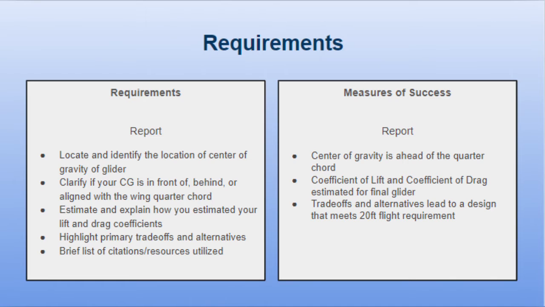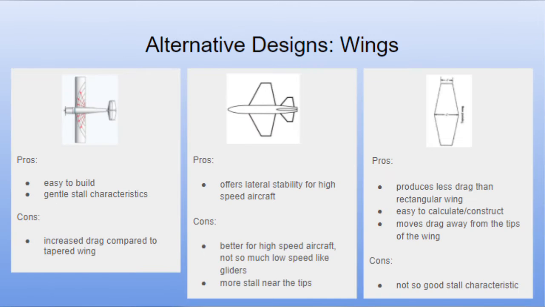In terms of measures of success, these also somewhat overlap. The trade-offs and alternatives should ultimately lead you to a design that meets the requirement of 20 feet, which draws back to the vehicle requirements. So you can see how some of these requirements overlap. These requirements would be needed later for following a successful build.